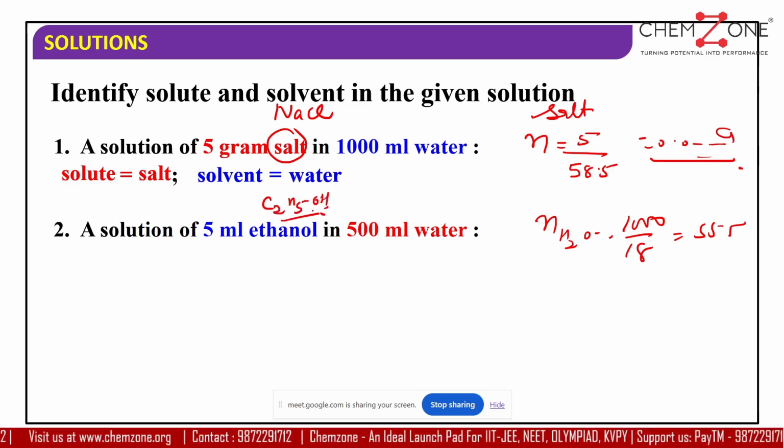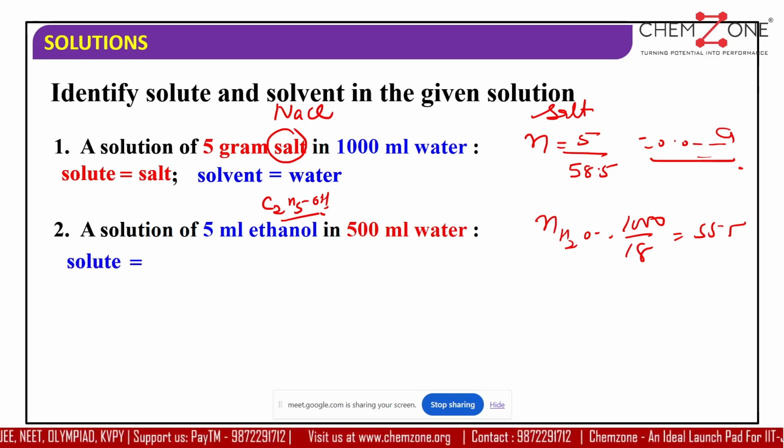C2H5OH. एक मिनट. सर इसका आंसर होगा 5 ml of ethanol is solute and water is solvent. Good.